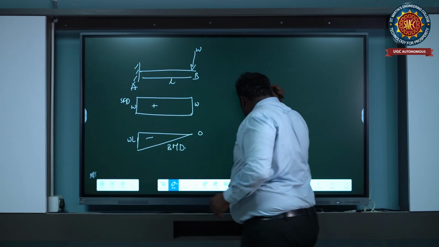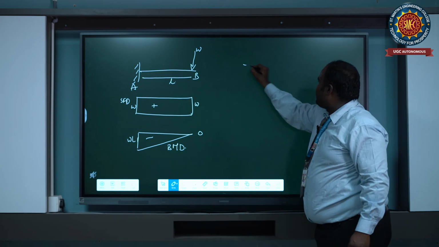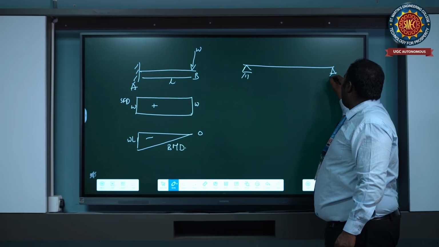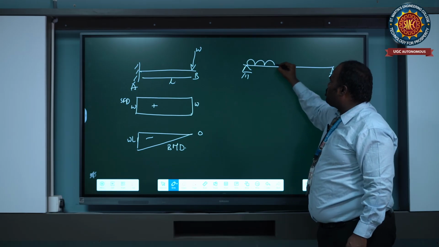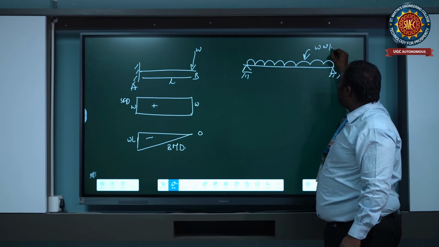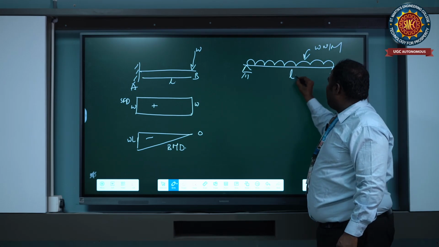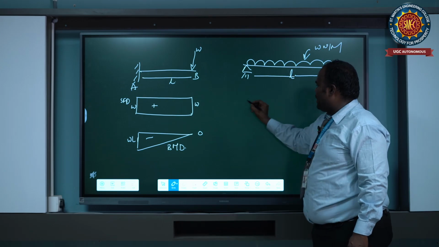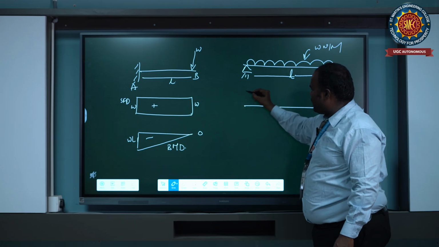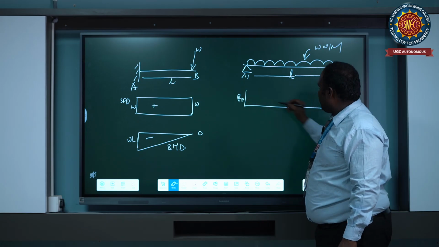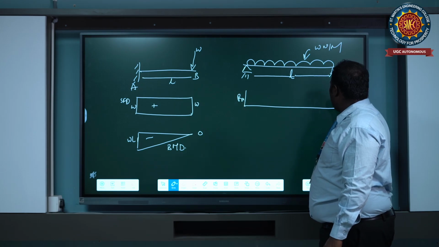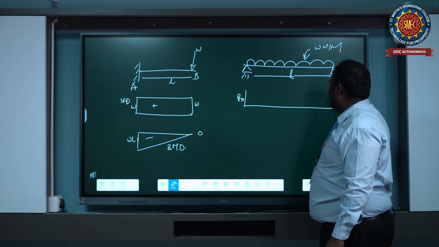Now consider a simply supported beam applying a uniformly distributed load over the entire beam, W newton per meter, with a length of L meter. The shear force at A is RA and at B is RB.